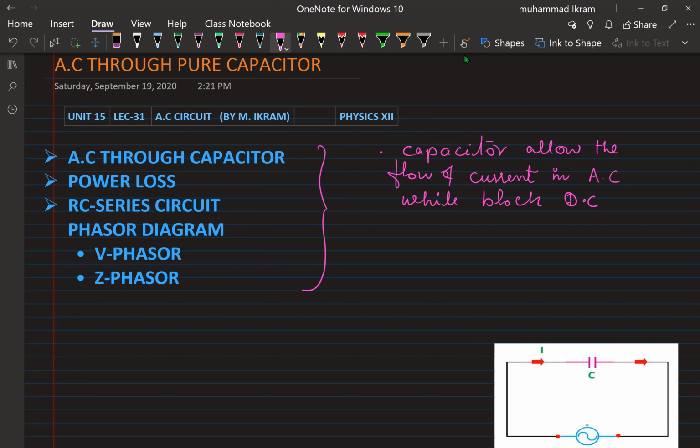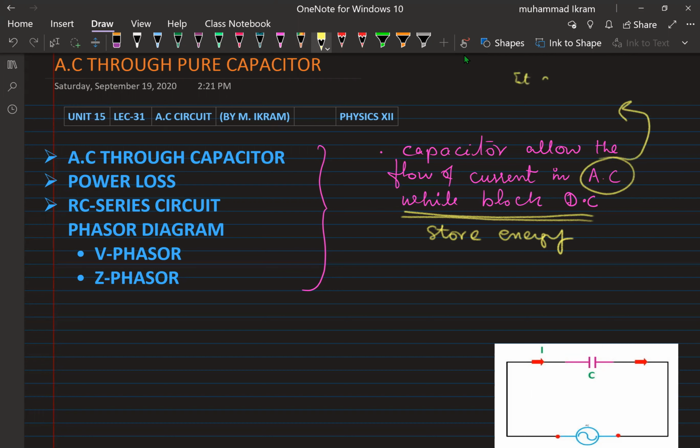In the DC circuit, its function is just to store energy in the form of electrical energy. In the AC circuit, it stores energy, but at the same time it opposes the flow of AC.